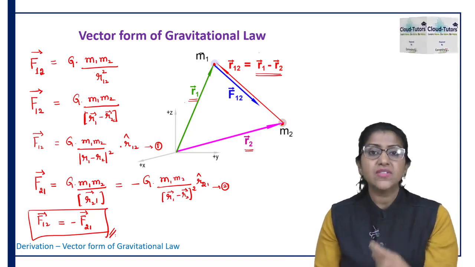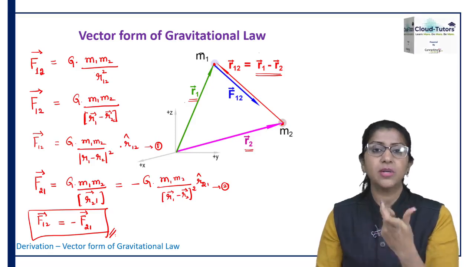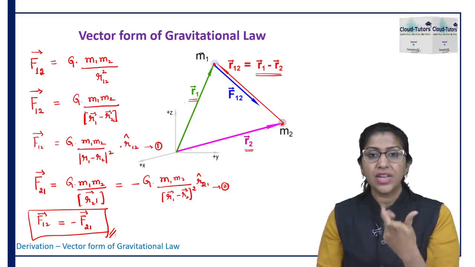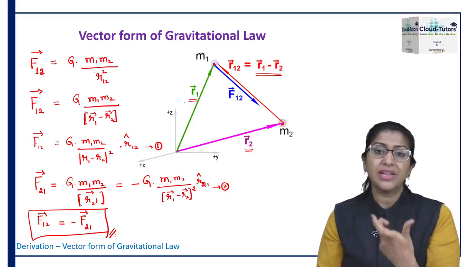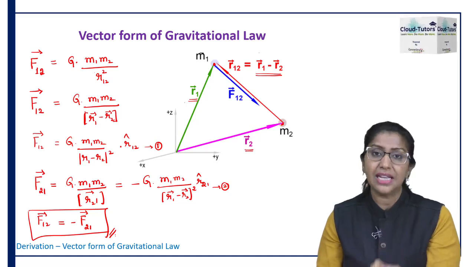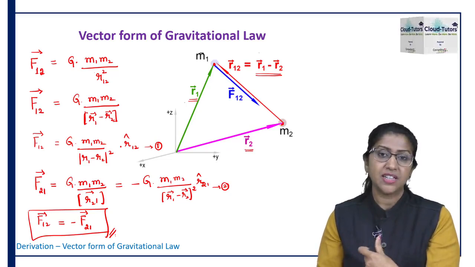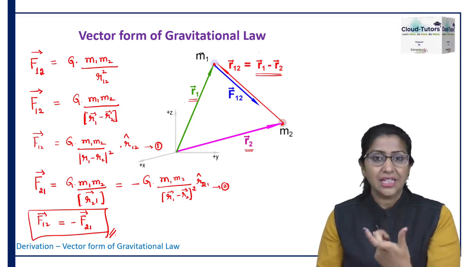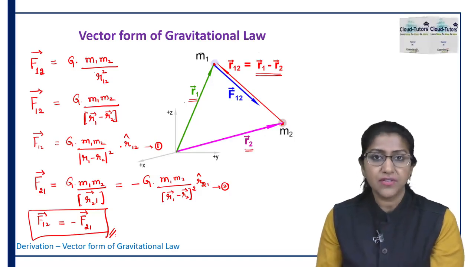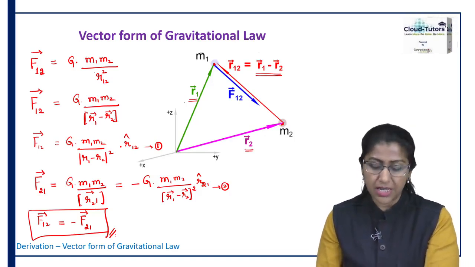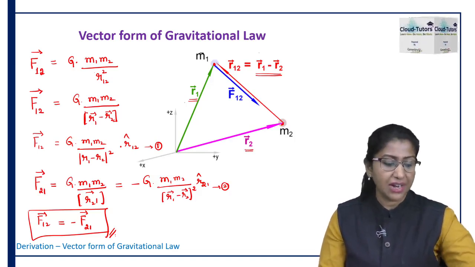Right? So the negative sign indicates the direction of the force between these two objects. The negative sign basically tells us the gravitational force between these two objects is attractive in nature. So these two are equal in magnitude but opposite in direction. It basically shows us the attractive nature of the gravitational force between these two objects. So this is the vector form of the universal law of gravitation.